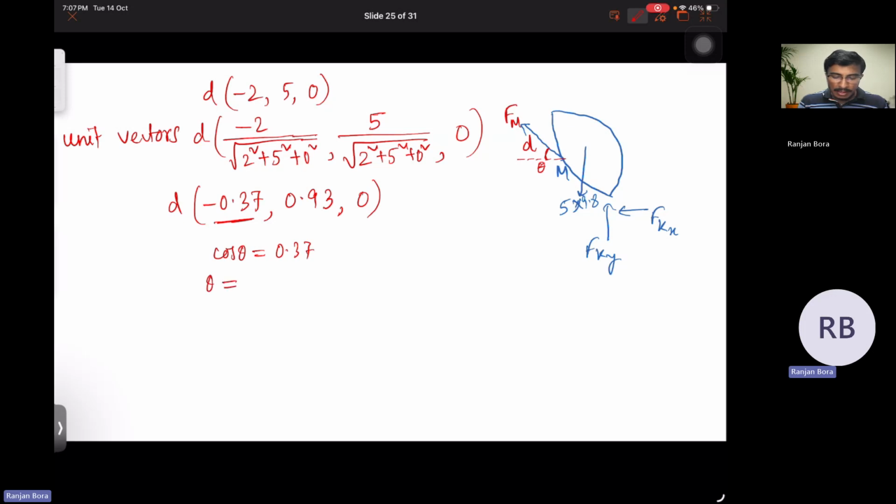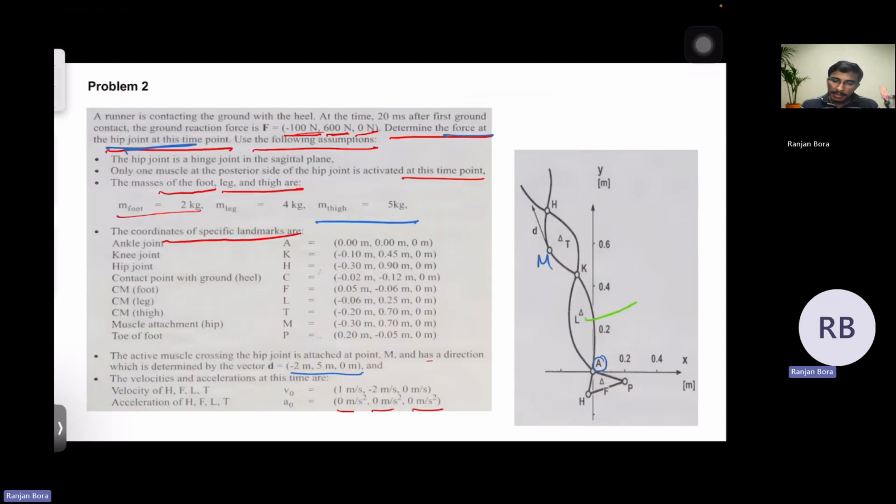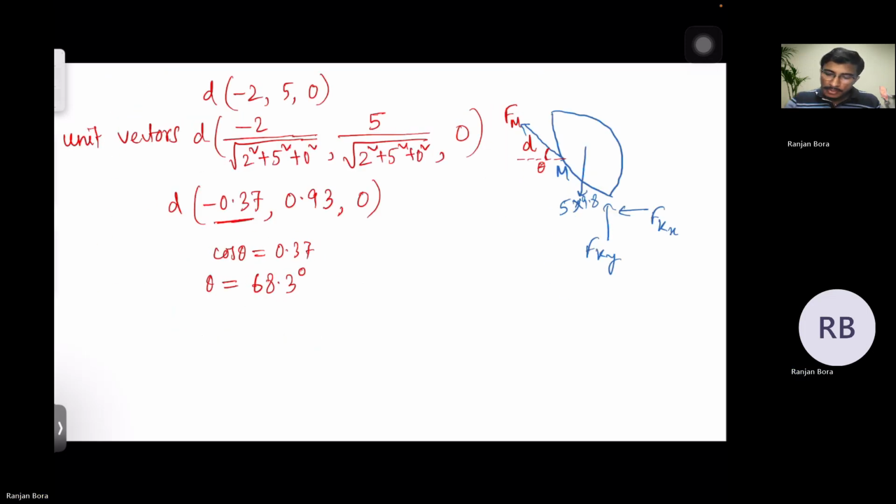From here, theta will be 68.3 degrees. And what do we need to determine? We need to determine the hip joint reaction force. So that also we need to assume.